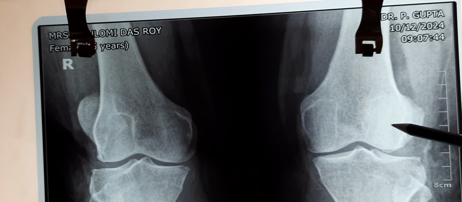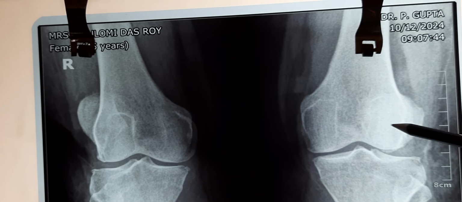Now let me help you understand the lateral view of the X-ray. If we see the size of the patella, this is again the right side, the shifted side, and this is the left side, the normal side. If you see the left side, the patella looks a bit larger in comparison with the right side patella. It is just because the right side patella is shifted and the left side patella is in normal position. So how to calculate this?